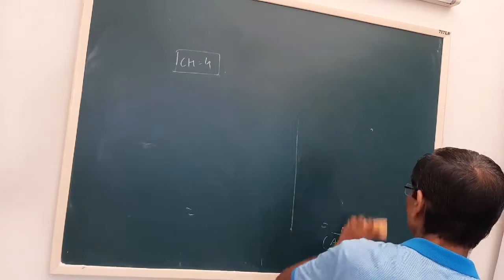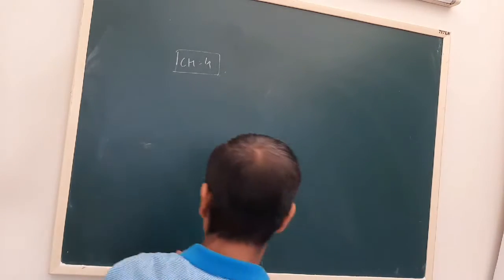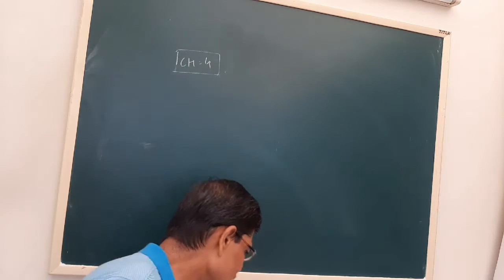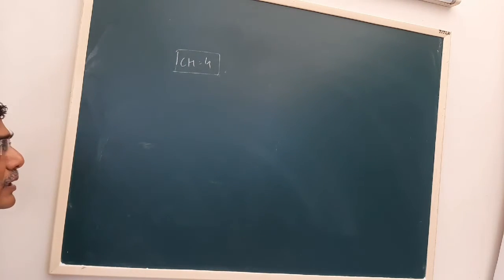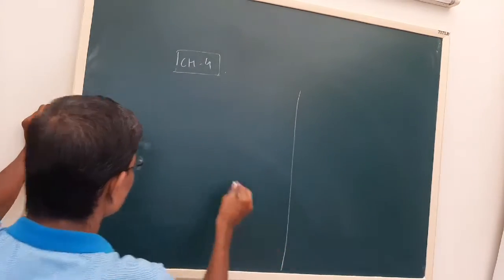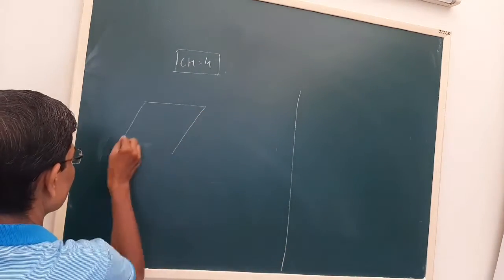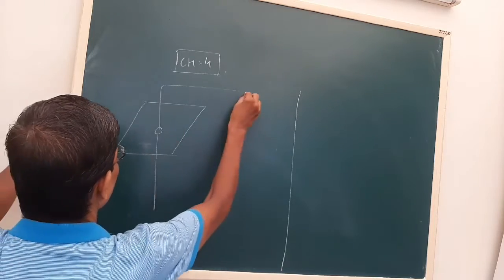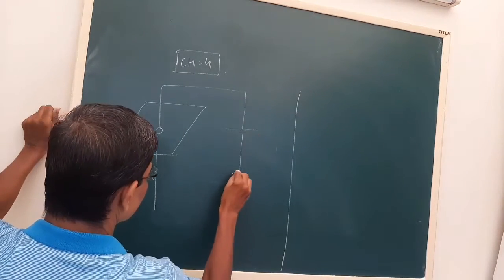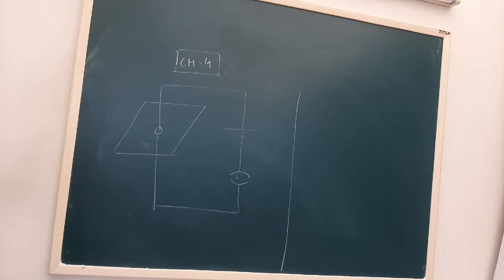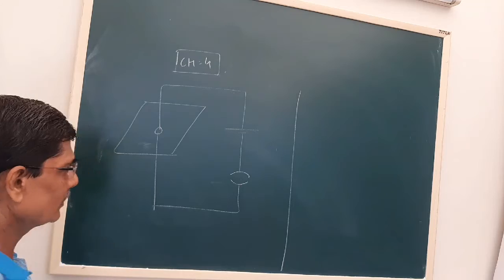Now, regarding the direction of the magnetic field, you studied in the 10th standard also. You studied an experiment like this. There is a cardboard and a hole, connected with a battery and a key. Initially the key is open.